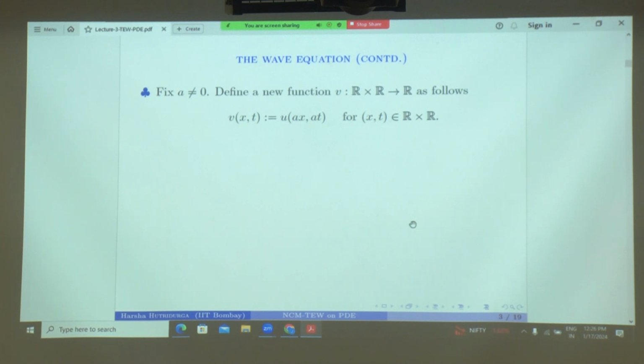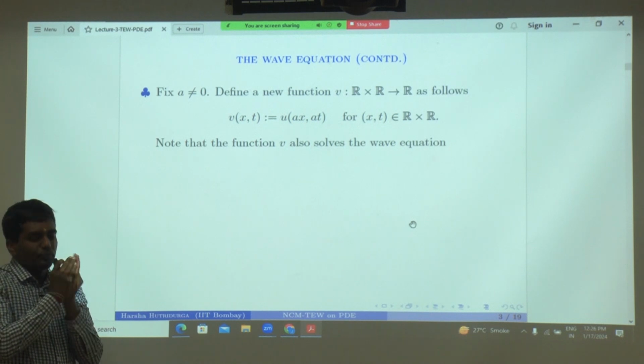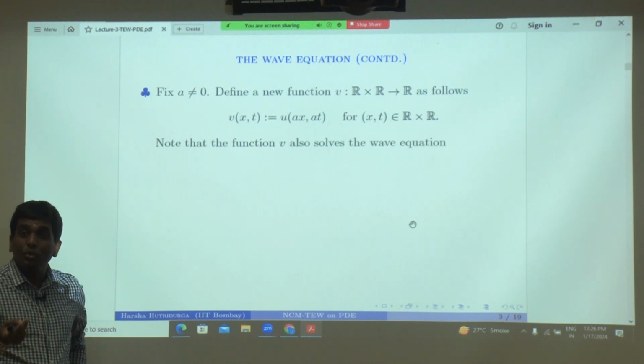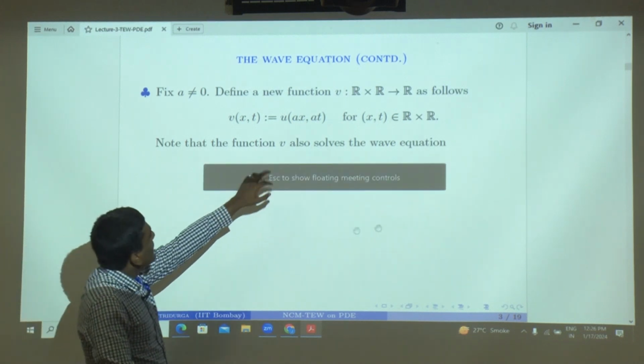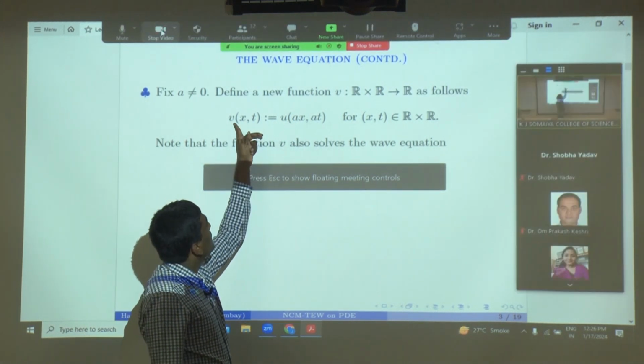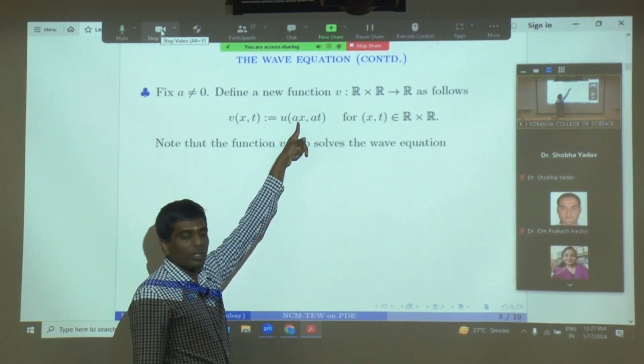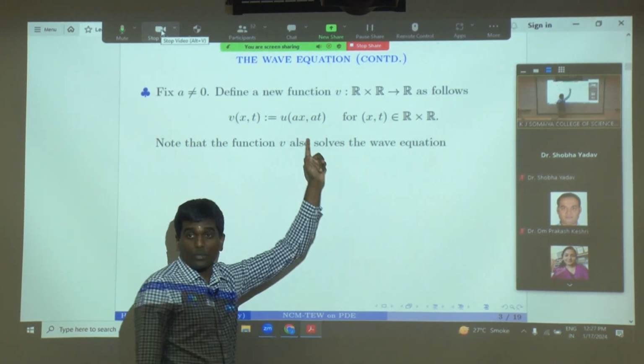And it turns out that this new function v also solves the wave equation. Provided u solves the wave equation, v also solves the wave equation. And this is just an easy consequence of the composition rule for differentiation, because every time you differentiate v with respect to x, you are differentiating u with respect to the first variable, and then you have to differentiate that variable also.